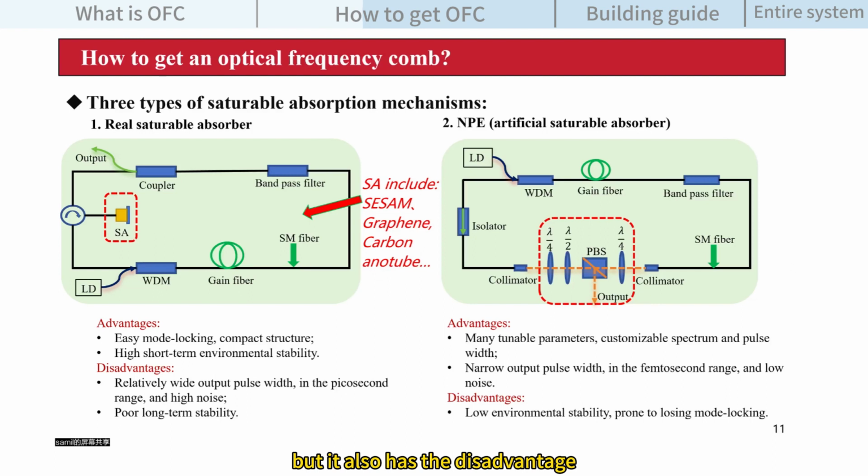But it also has a disadvantage because it uses polarization, it has low environmental stability, and also because it is not a fully fiber-based structure, it will be very easy to lose the mode locking.